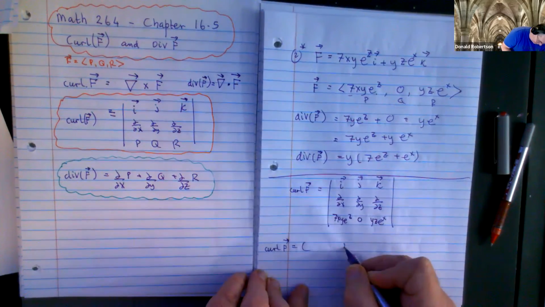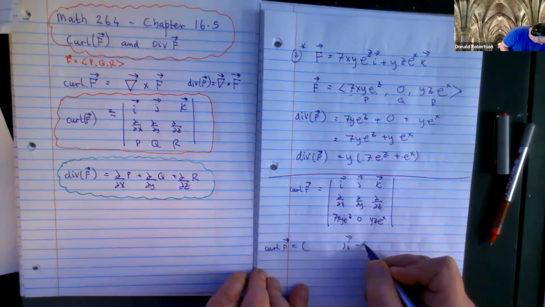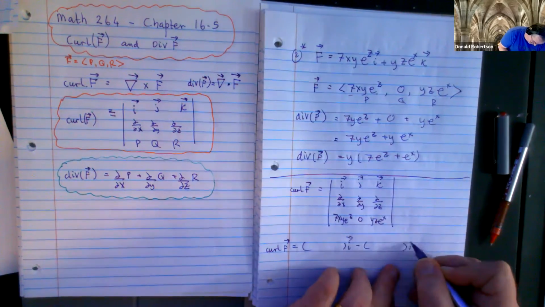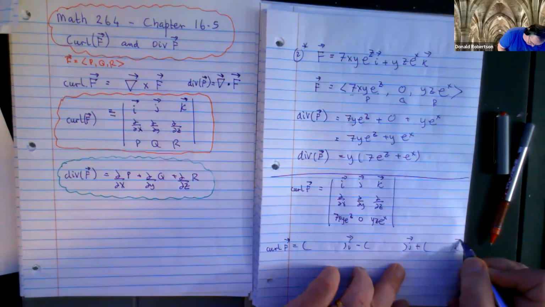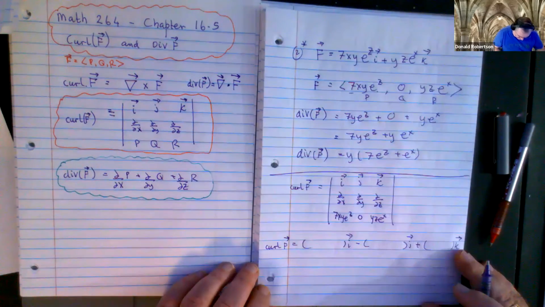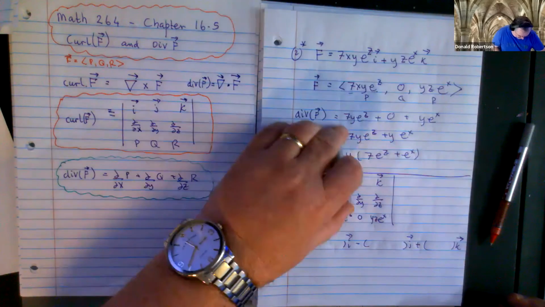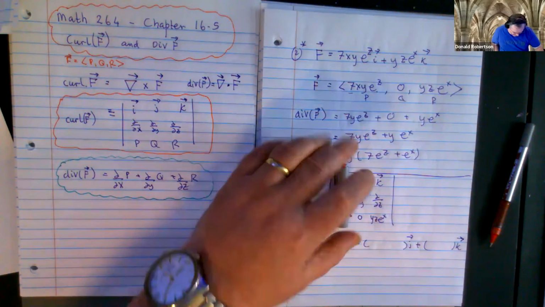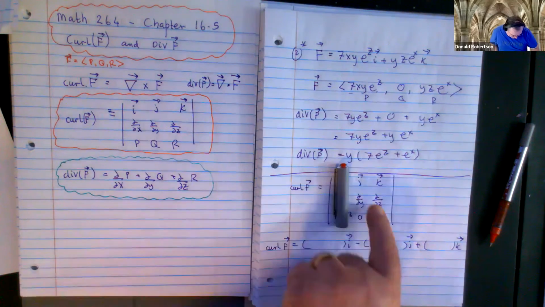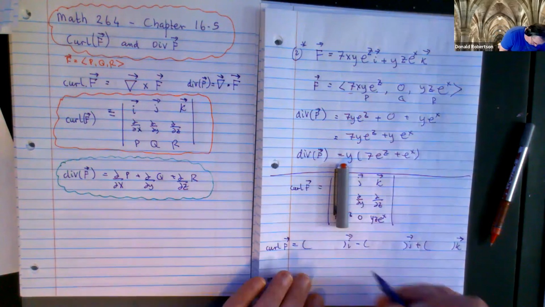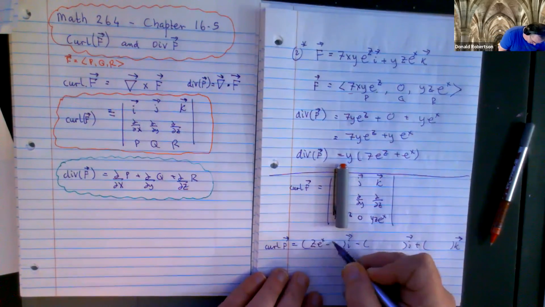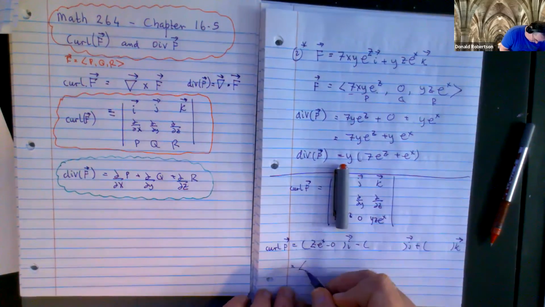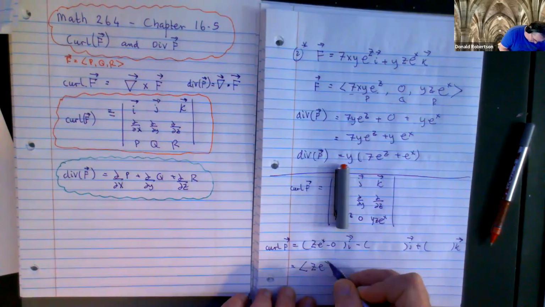It's going to be so many i's, take away so many j's, plus so many k's. So cover this guy up. If you differentiate this guy with respect to y, you get z e to the x, take away nothing. So z e to the x, come on.